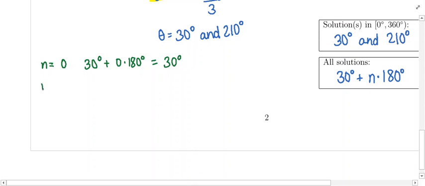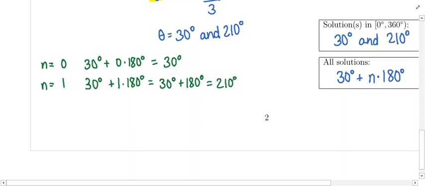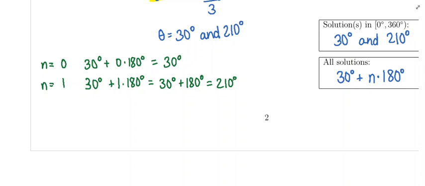Bump up your counting number here to 1. So this is going to be 30 degrees plus 1 times 180 degrees. This is going to be 30 degrees plus 180 degrees. Voila, that's 210. That was another solution within one revolution of the unit circle.